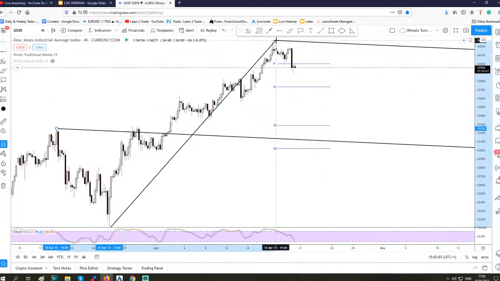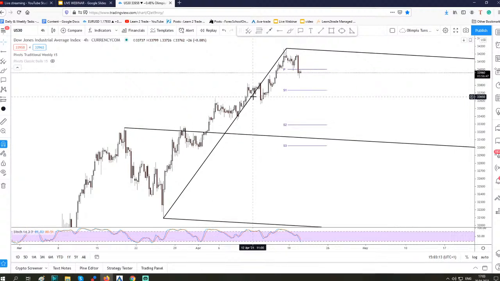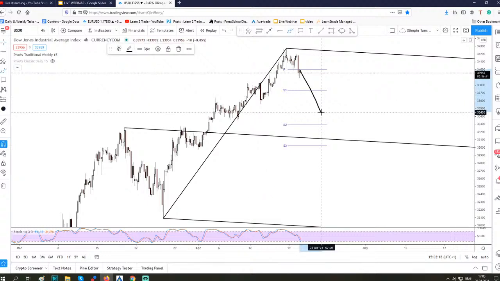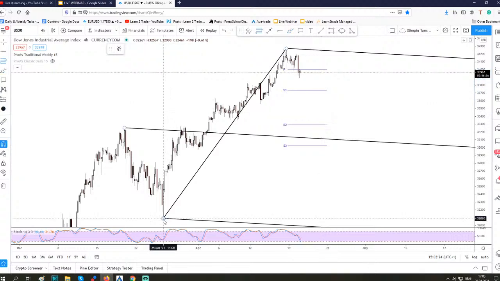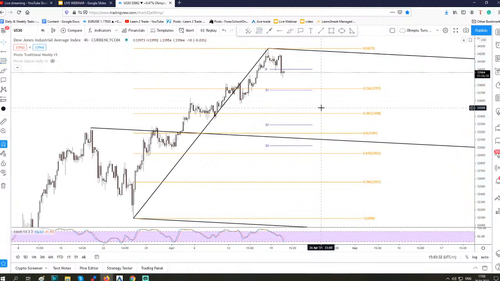Personally, I'll wait for a decrease here, or a retreat, and we'll see how long this retreat will be. And personally I will look for buying opportunities after this correction ends.